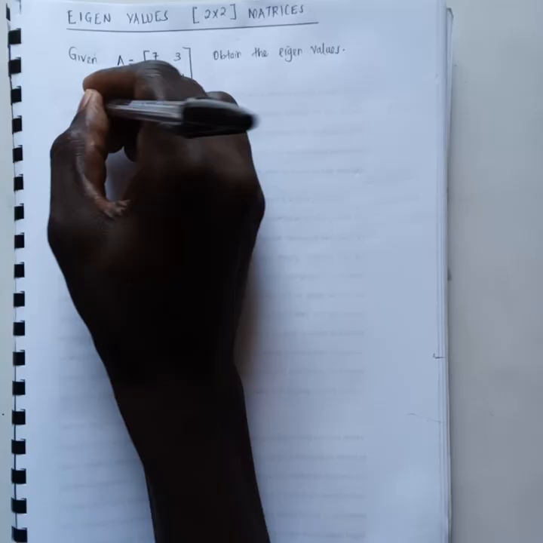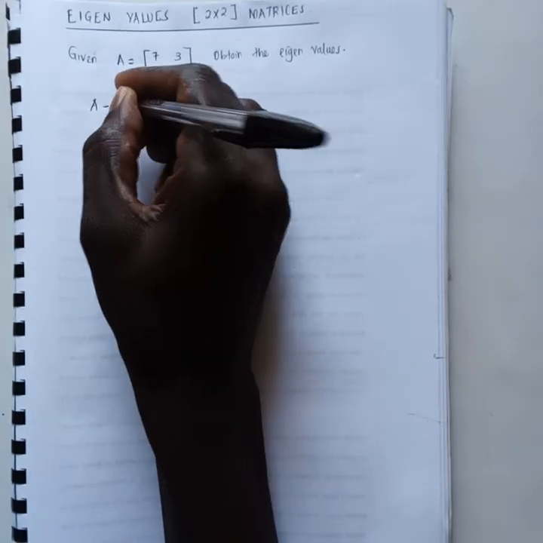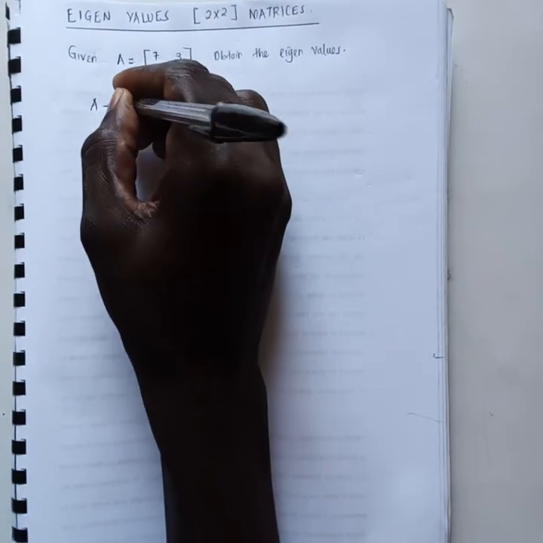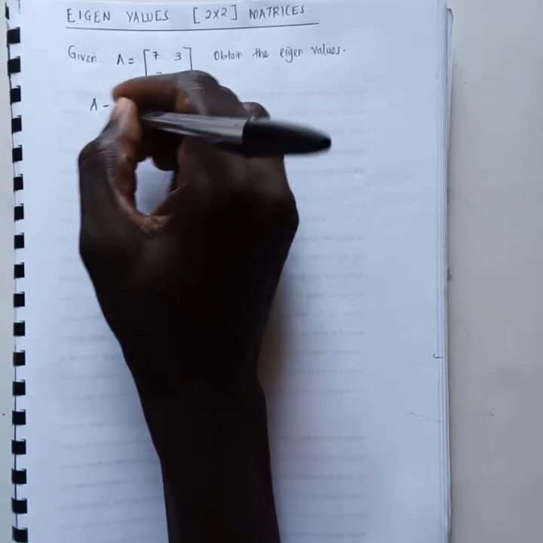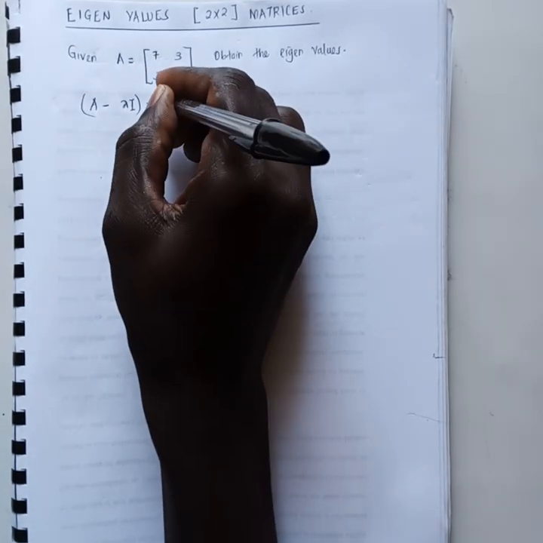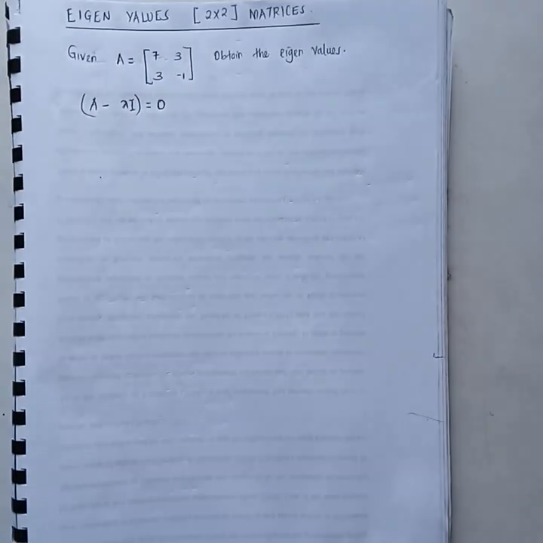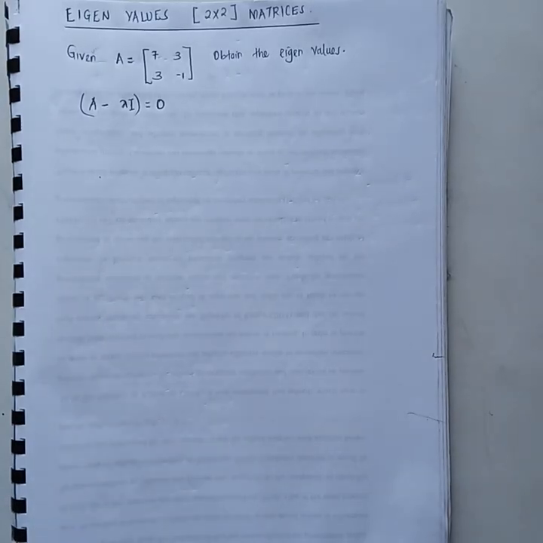We are going to say the matrix A, when we subtract the eigenvalue multiplied by the identity, because the eigenvalue is not a matrix itself, because it is a scalar. Eigenvalue is a scalar, so it is not a matrix. For us to convert it to a matrix, we must multiply it by the identity matrix.